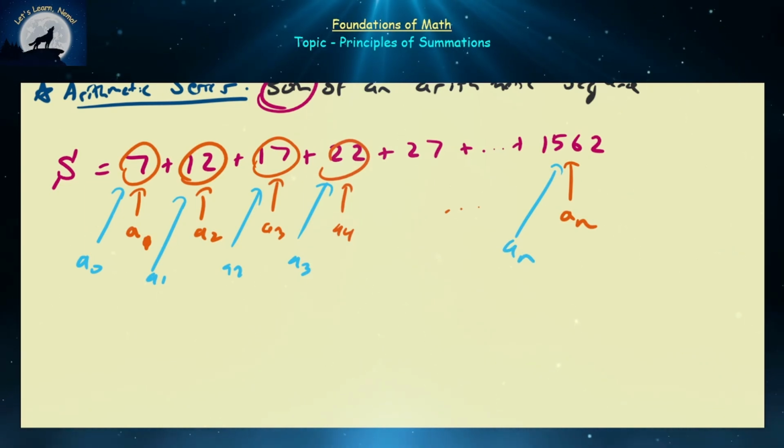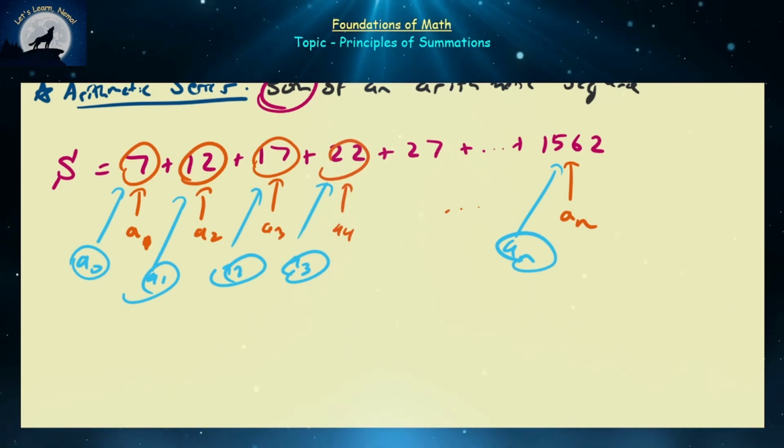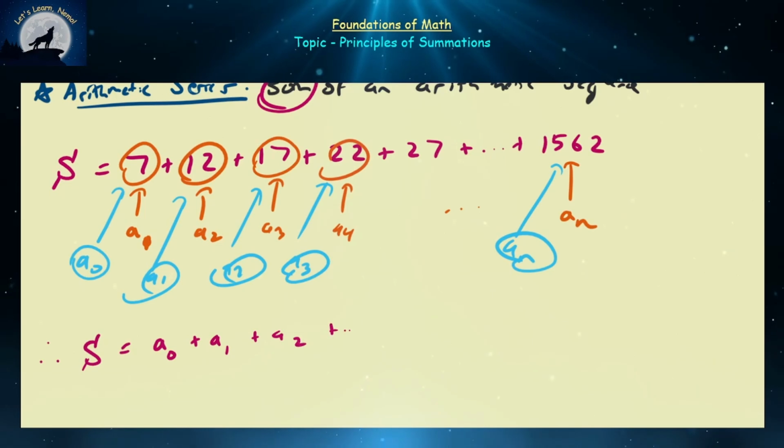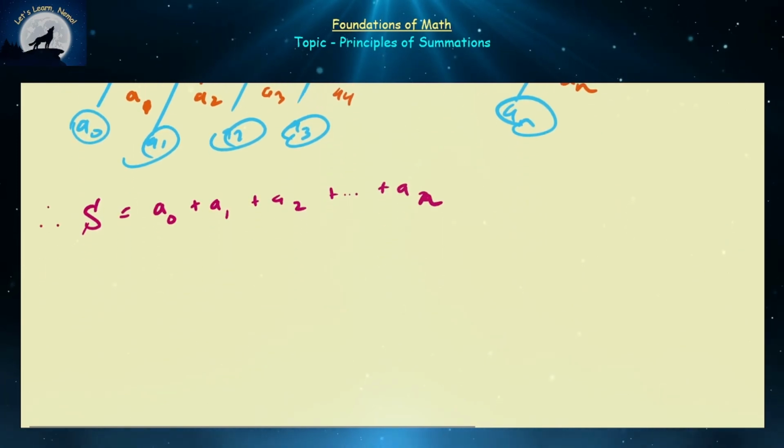The only difference is just a shift by 1. But if we take this blue convention instead of the orange convention, then S can also be represented in a more compact form as A0 plus A1 plus A2 all the way down to, say, AN.